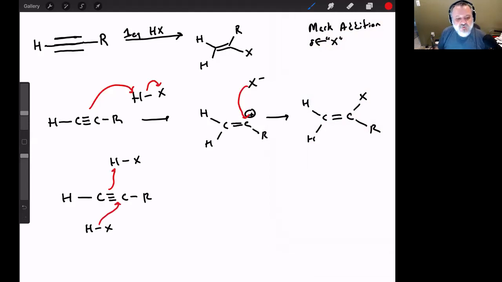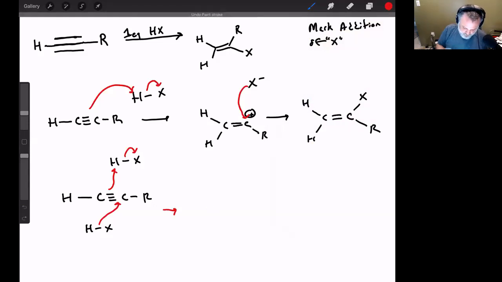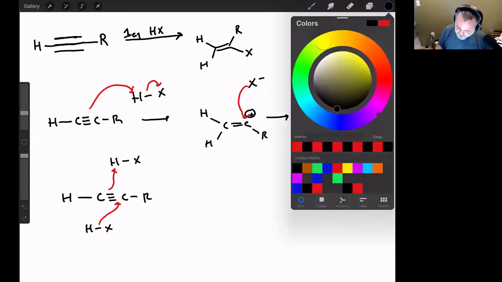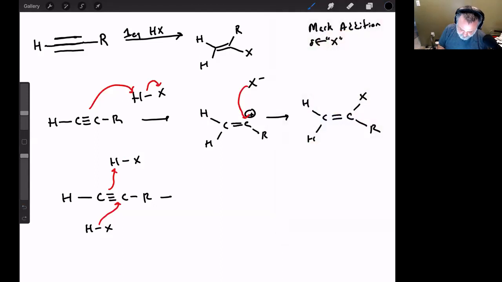And you get a situation like this where it's happening with three molecules at one time. So if this is what's in play, then you get this sort of three-molecule transition state.